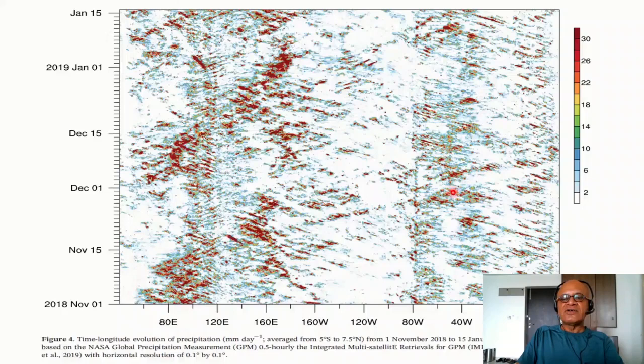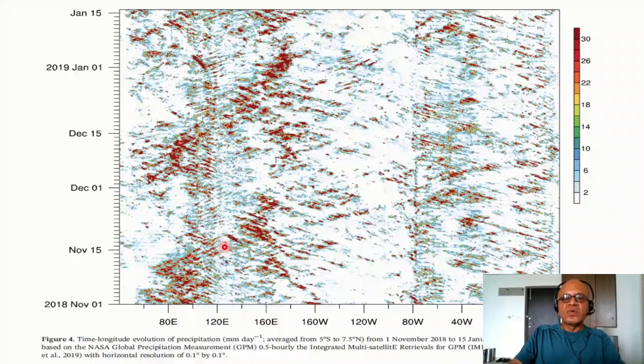So you have clear eastward propagations that you expect from MJOs, but within that you have westward propagating 2-day structures and eastward propagating supercloud clusters. And so the clear multi-scale structures that we looked at before are all captured so nicely by this precipitation data, which is at very high time resolution and spatial resolution.